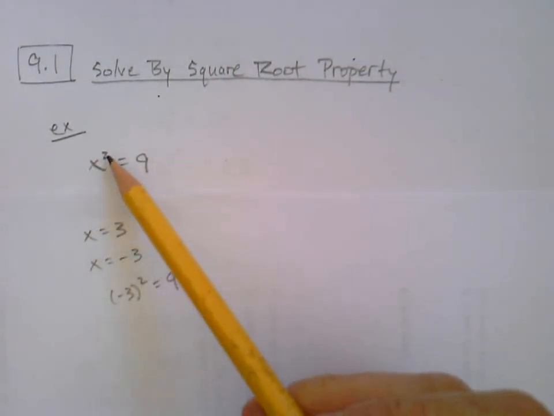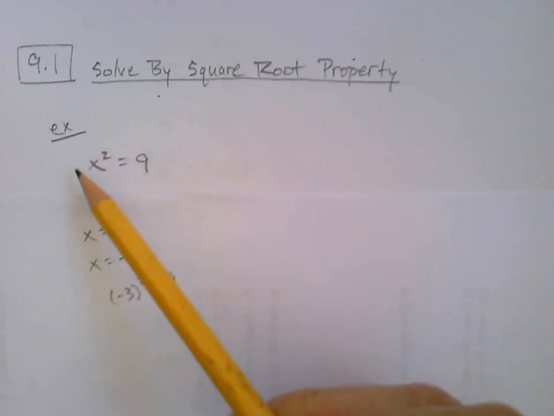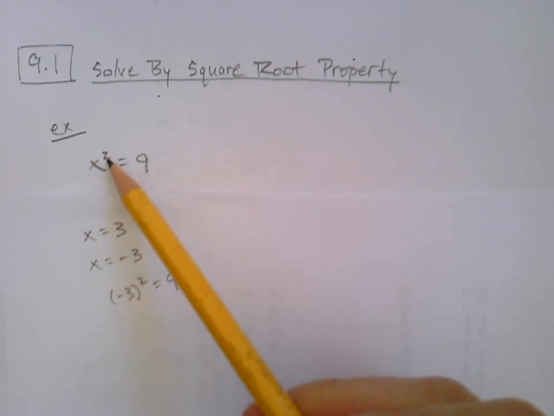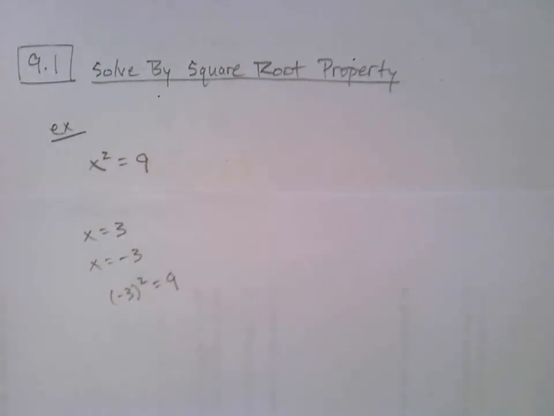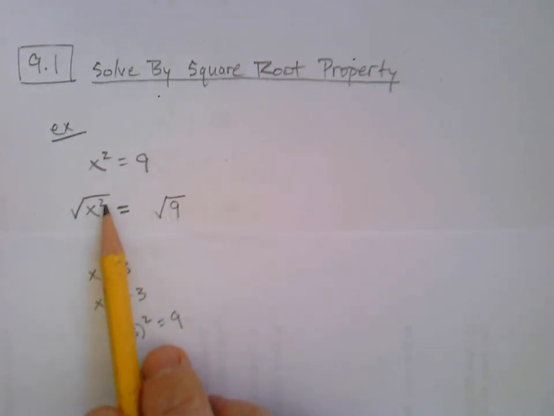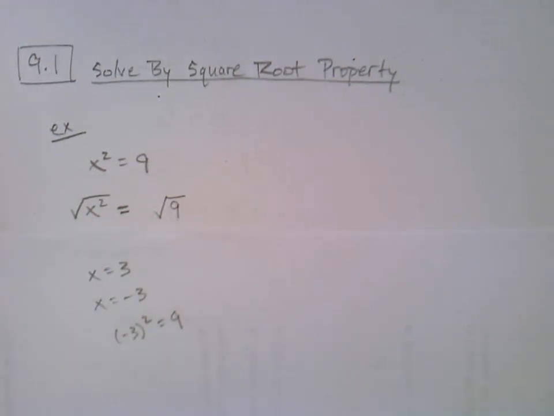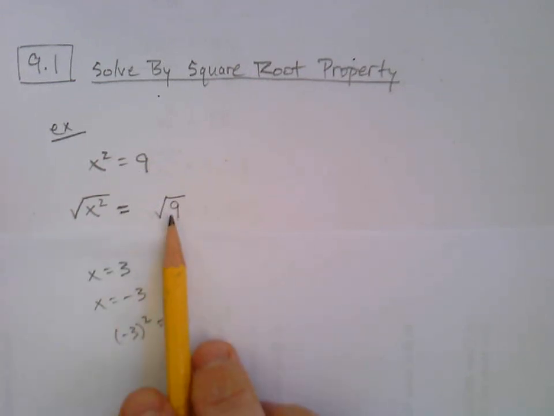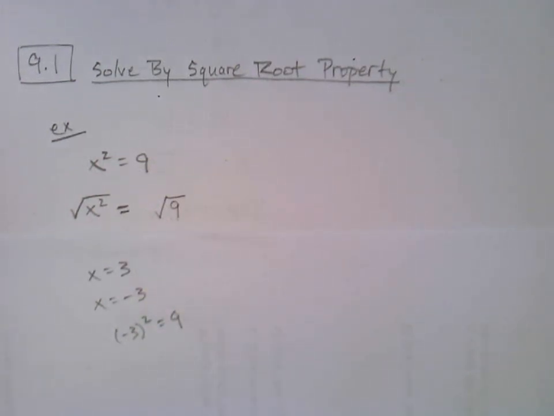So if I see x squared, what do I do to this to cancel out the square? Well, we just spent this entire chapter on square roots and squaring, and we saw that squaring and square roots cancel out. So here's what we're going to do. We're going to take the square root of both sides, and that will cancel out the square there on the left. That means I also need to take the square root of the right side.